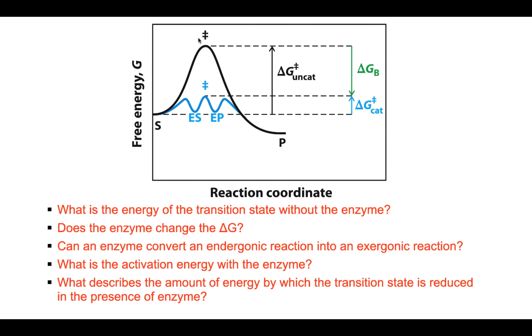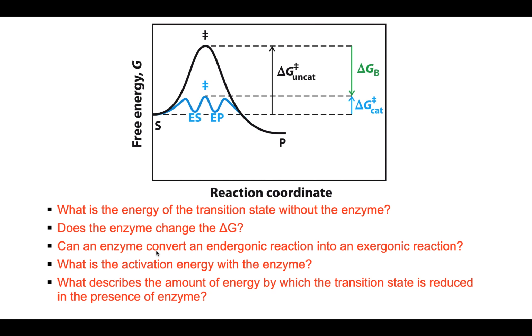Okay, black without enzyme, blue with enzyme. So what we notice is whether we're talking about with or without enzyme, the substrate still has this energy right here. The product still has this energy right here. So the answer is the enzyme does not change the energy of the substrate or the product and therefore cannot change the delta G.